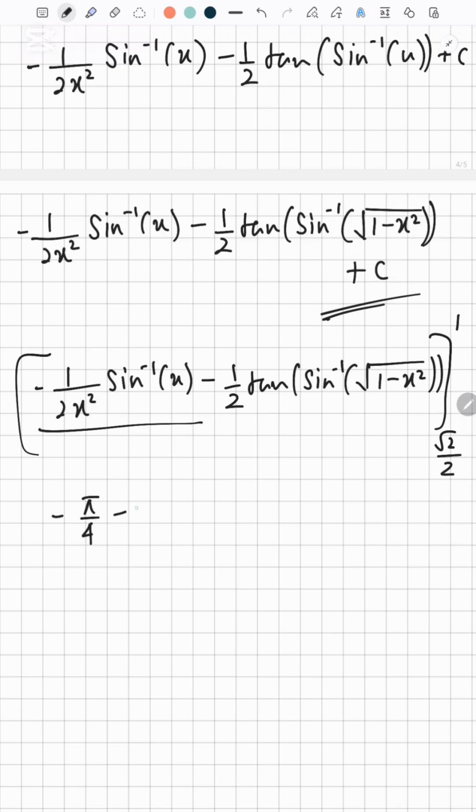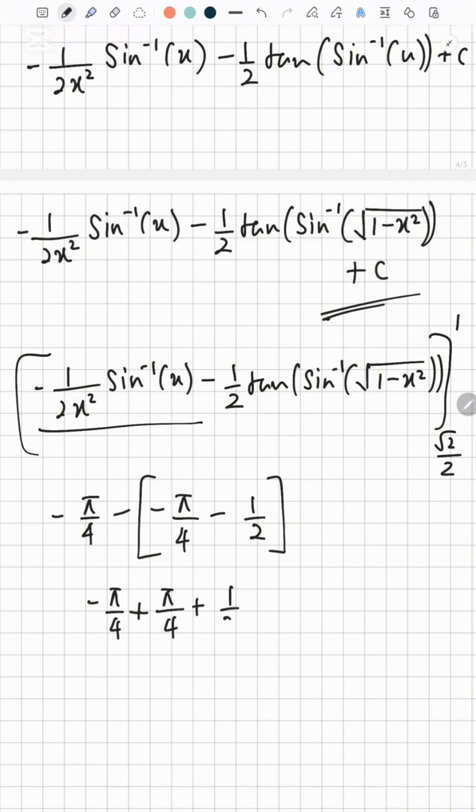So minus pi over 4 minus, now we substitute root 2 over 2, and that's minus pi over 4 again, minus, so let's substitute root 2 over 2 into tan, that gives you minus half. So it's going to be minus pi over 4 plus pi over 4 plus half, right? So you cancel off pi over 4 and your answer is half.